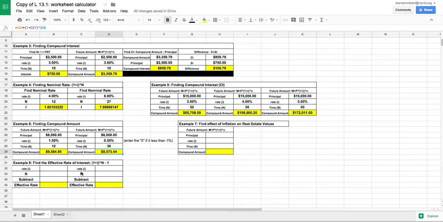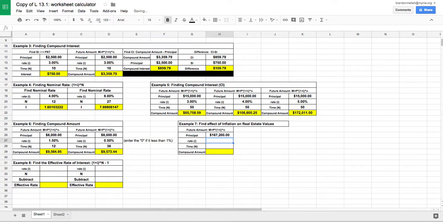All right, let's look at example 7. In example 7, we're looking to find the effective inflation on real estate investment. So, Bill and Joy purchased a home for $167,200. The house increased by 3%, find its value at the end of 4 years. All right, so we have a house value here of $167,200.